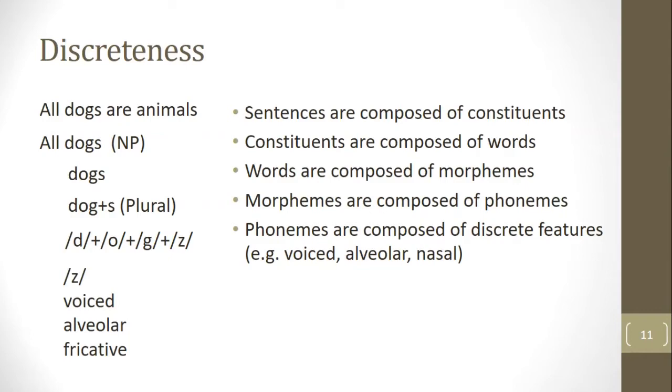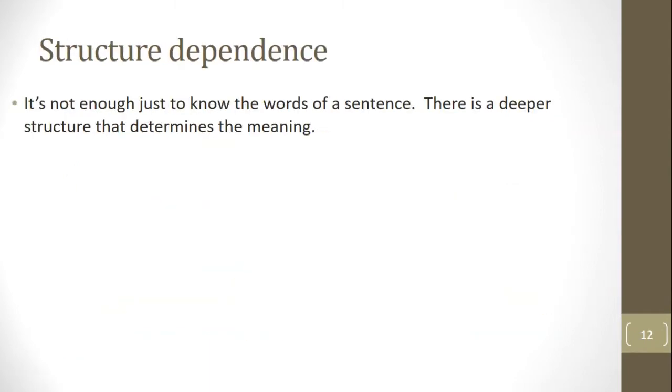It would seem that language consists of discrete building blocks, which build up from features upwards into more complex structures. Discreteness then suggests that there is structure in language, or that there are chunks that make up natural units of linguistic analysis.